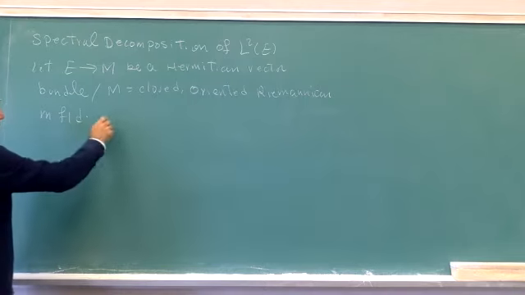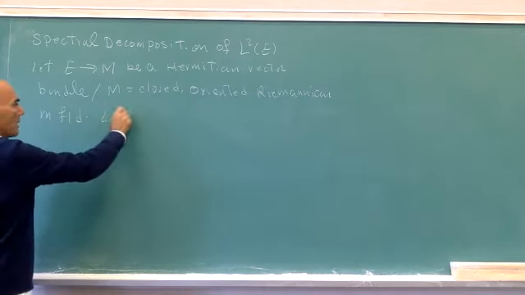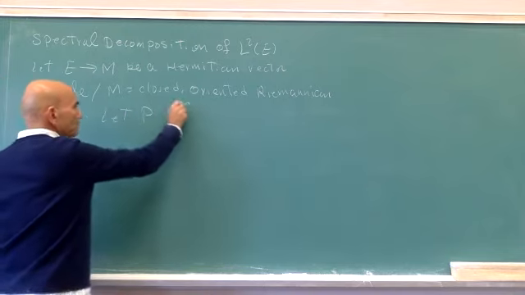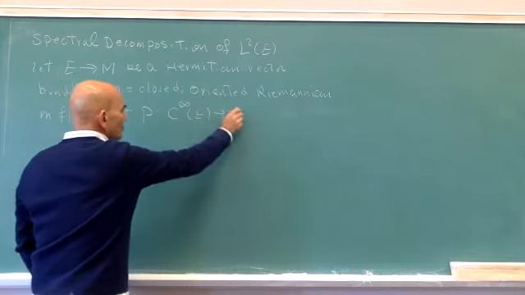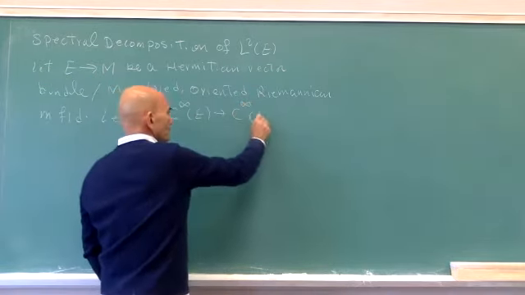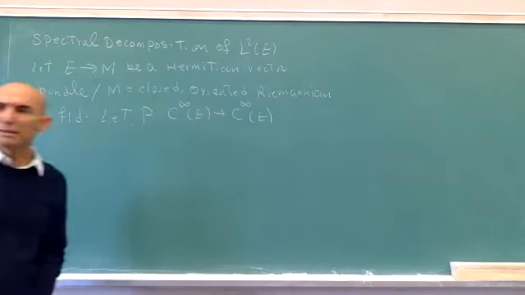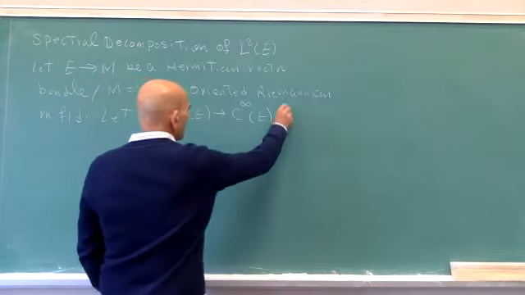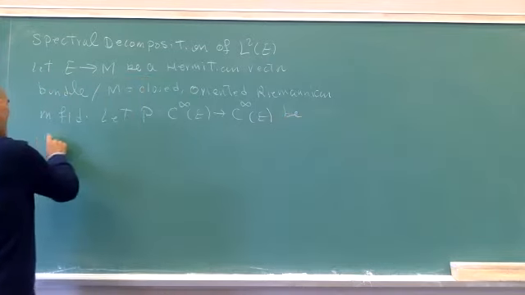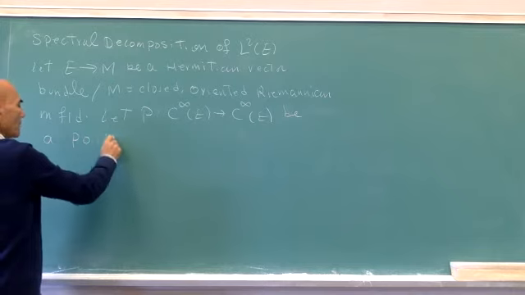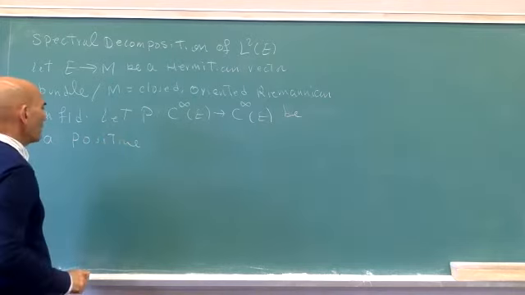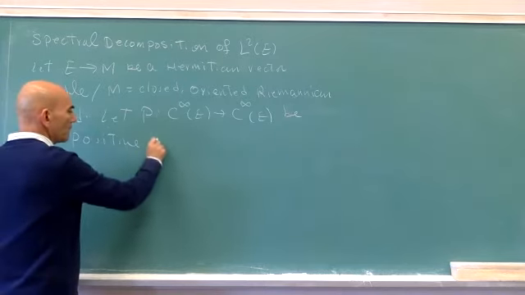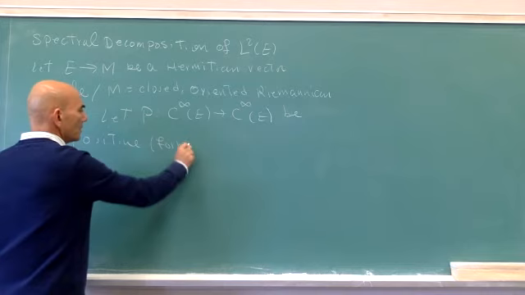So we have this Hilbert space. But before that, let P from C infinity of E to C infinity of E be a positive operator. If I say positive, it means it's already self-adjoint, but I would say formally self-adjoint, at least.